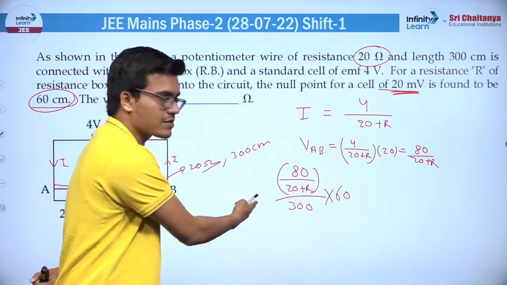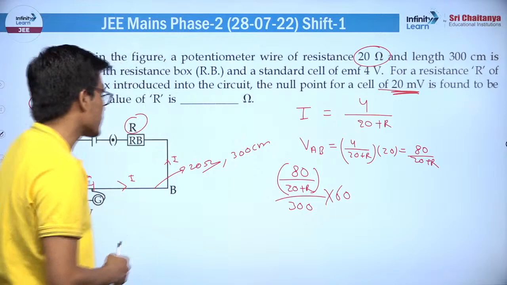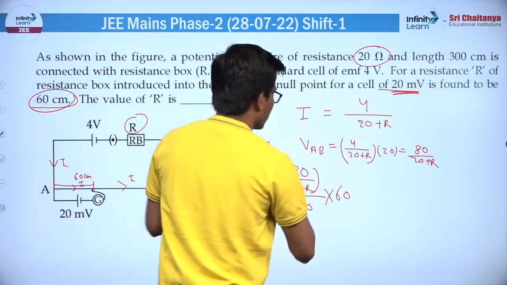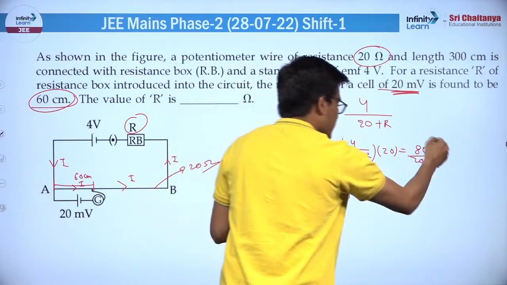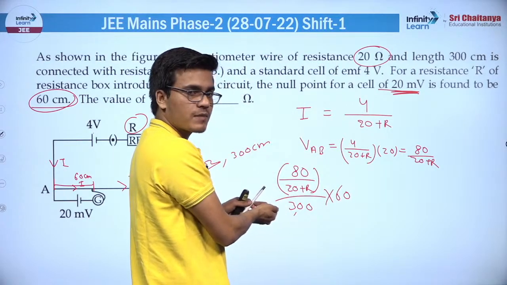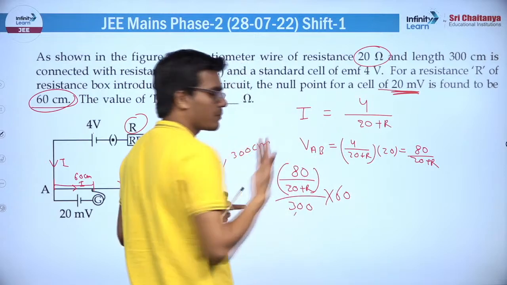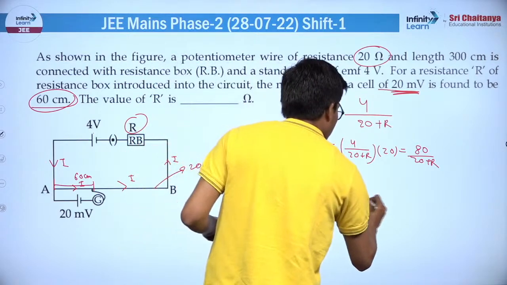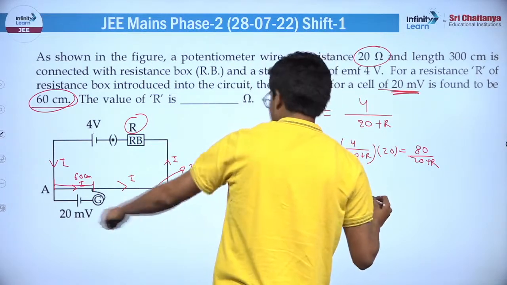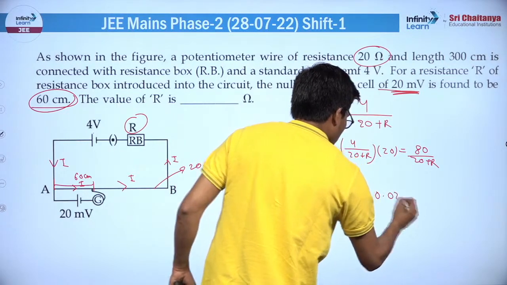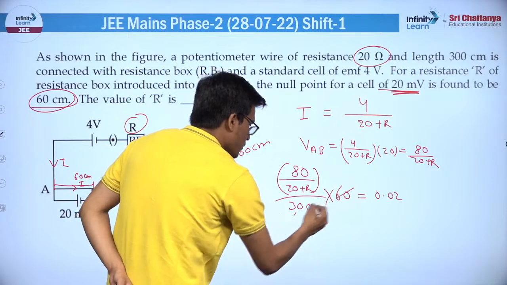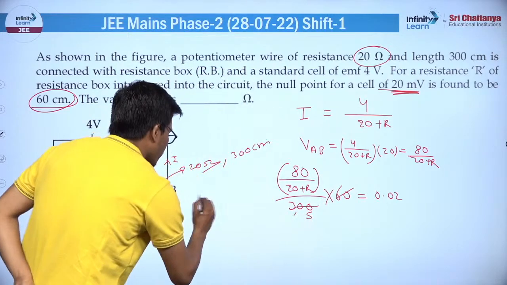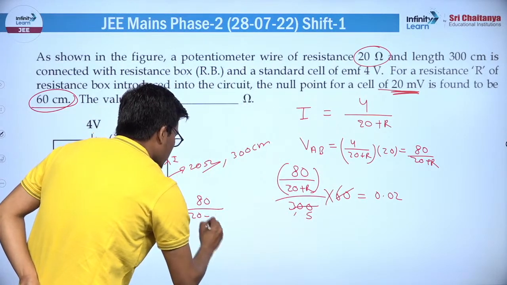Please make sure this is simple unitary method you need to understand. In 300 centimeter, this is the potential difference. So in 1 centimeter, this by 300 will be the potential difference, and I want in 60, so I will multiply it by 60. That is given to you potential difference 20 millivolt, 0.02 volt. Okay, this was in centimeter, this was in centimeter, so no effect will be there. Both units will get cancelled.